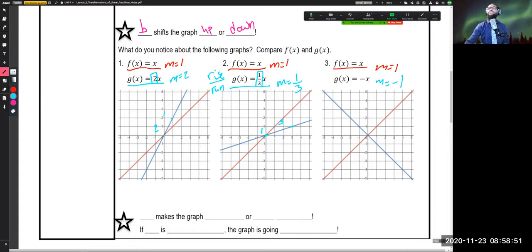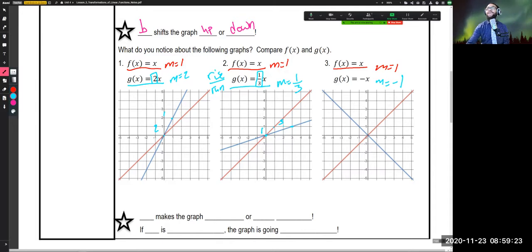Now, when we look at all of these, I always like to think of slope as a measure of steepness. The greater, the larger the number of our slope is, the steeper it is, and the smaller our number is, the bigger that fraction, the less steep it is. So when we have a whole number other than 1, our slope gets more steep.